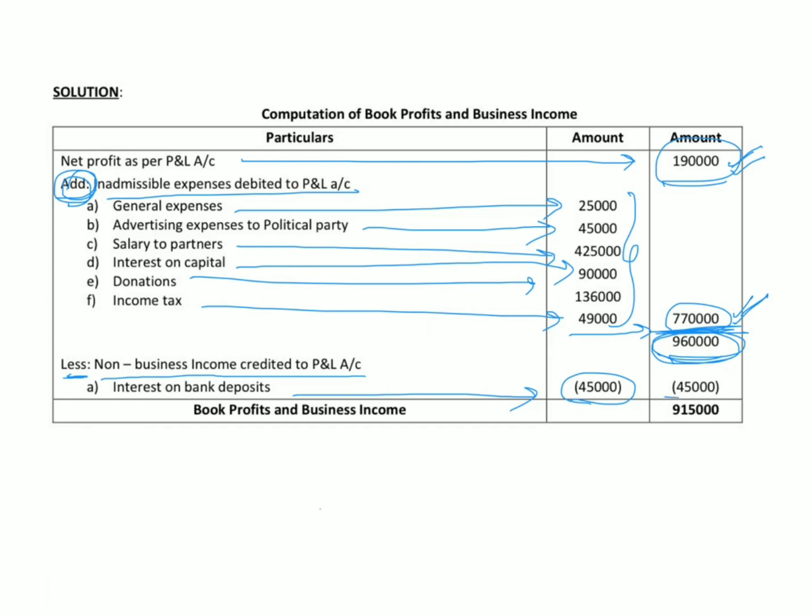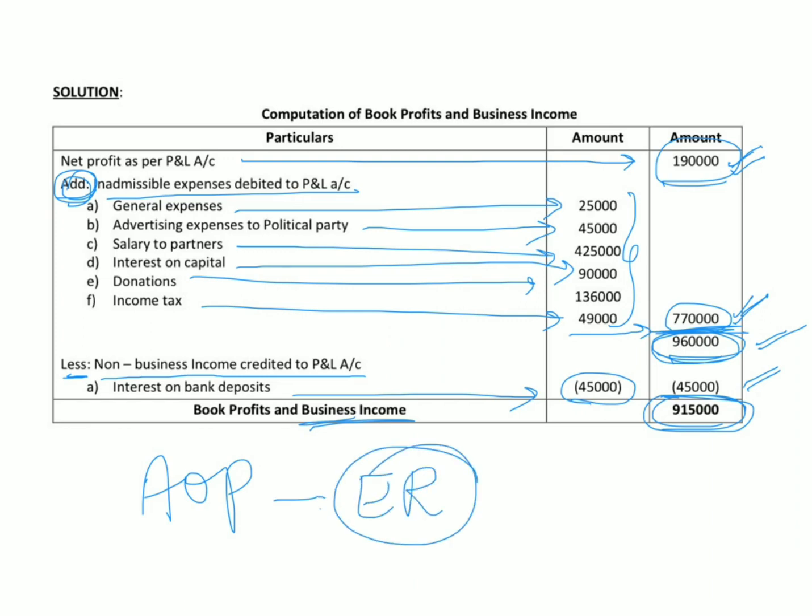So 9,60,000 minus 45,000, the remaining balance will be called business income. 9,15,000 is the business income. Now for AOPs, we will not calculate eligible remuneration because there is no deduction available for any payment made to partners, and hence your book profit will be your business income.